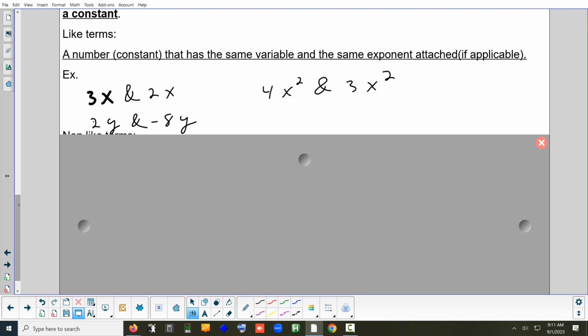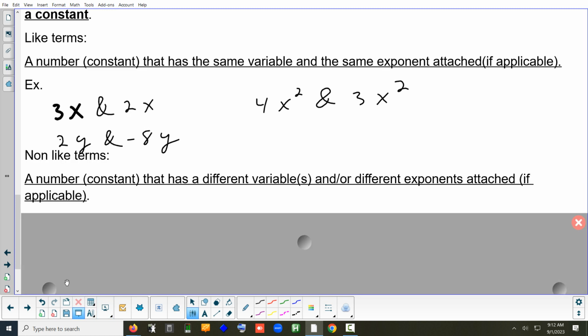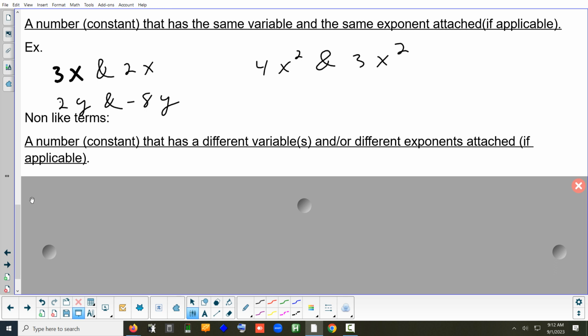So what do you think the opposite of like terms is? Non-like terms. Do you guys already have that written down, what non-like terms are? No. Okay, so that part you'll have to write down on the blank line. Non-like terms are, and let me try to shorten this up like I did the other one.